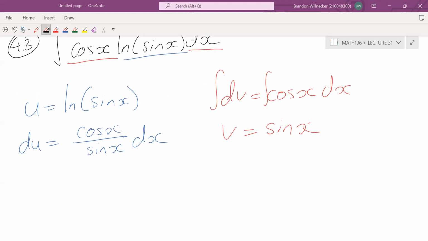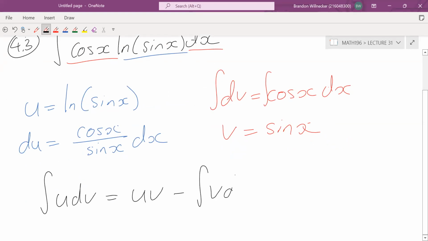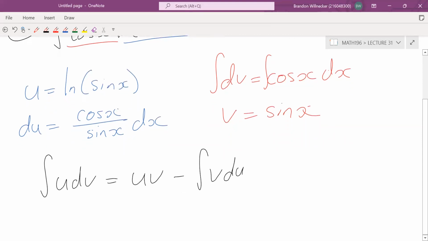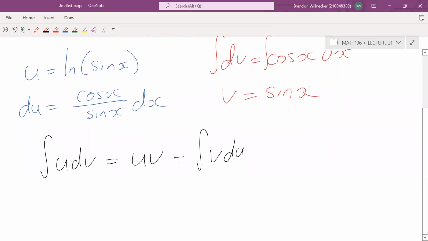We can then substitute into our integration by parts formula. So the integral of u dv is equal to uv minus the integral of v du. It's always that, never changes.